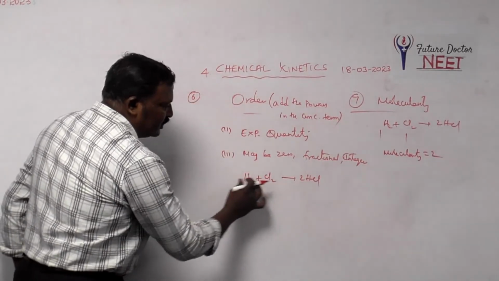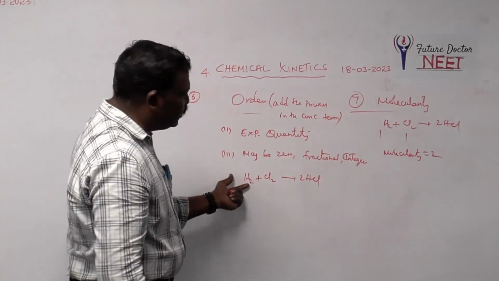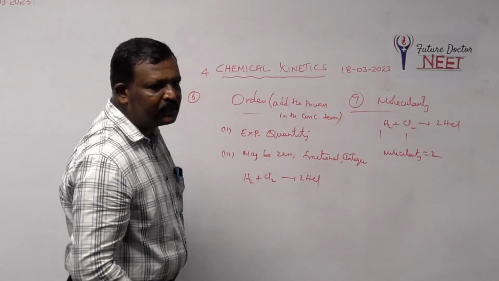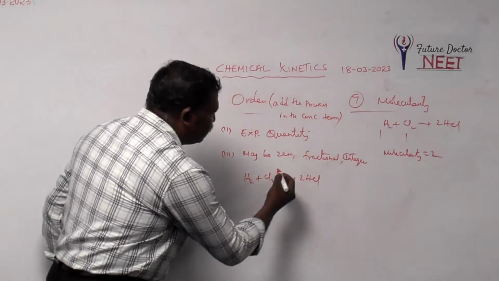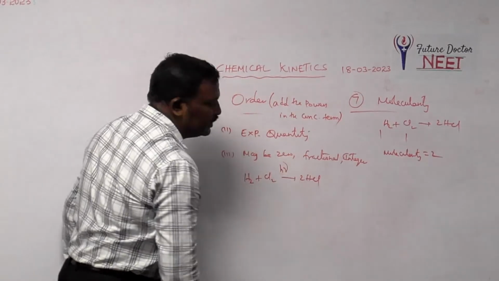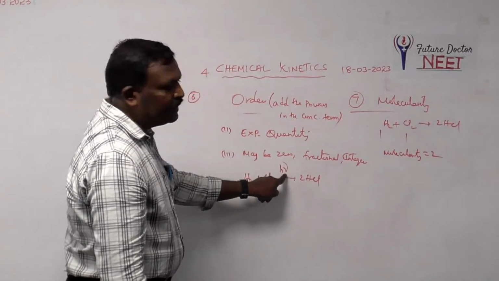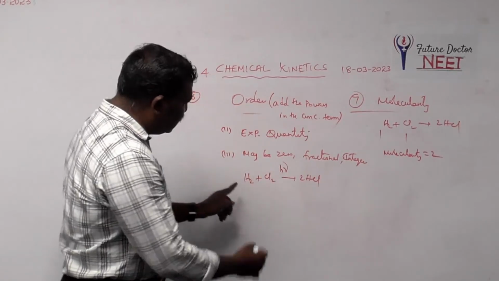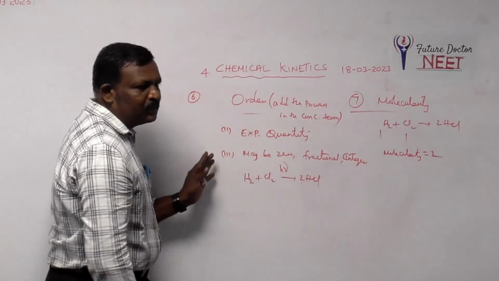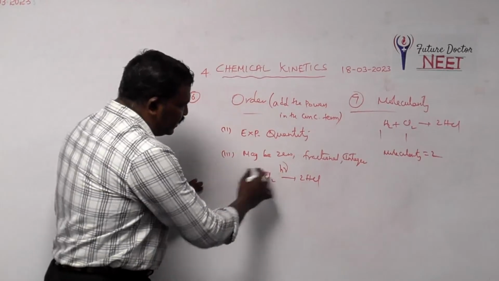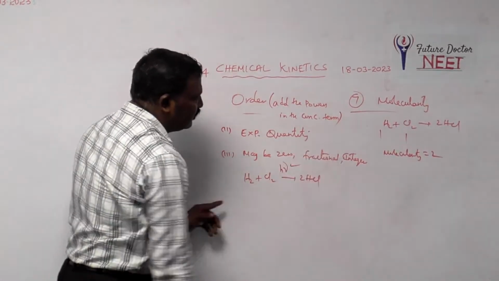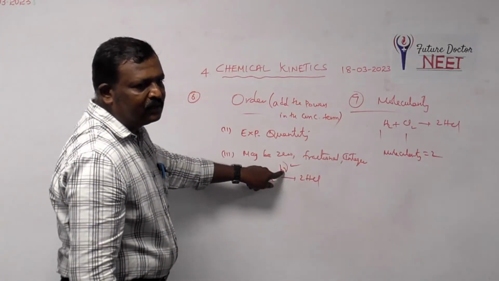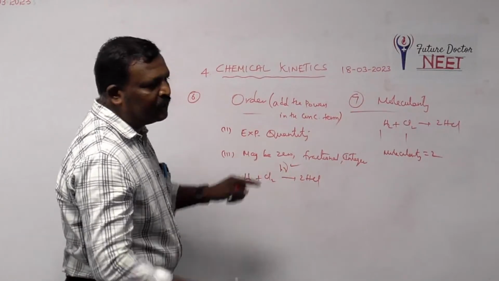Even though we are taking the 2 molecules, H2 plus Cl2, the reaction will not take place. When does the reaction take place? In presence of light energy. When you apply light energy, only then the reaction takes place. Before that, no reaction takes place. So the reaction speed depends only on light energy.